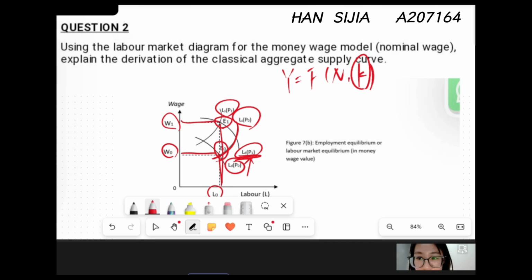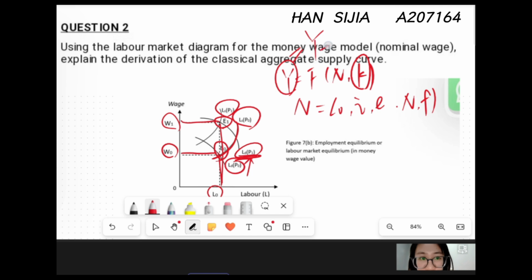Since the labor market is always at full employment, N equals L0, i.e. the full employment level NF. When substituted into the production function, the total output Y is also equal to the full employment output YF, regardless of the price level. Therefore, the classical aggregate supply curve is a straight line perpendicular to the output axis, located at Y equals YF.